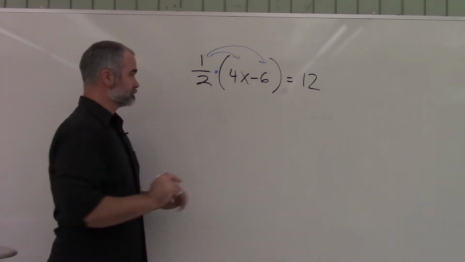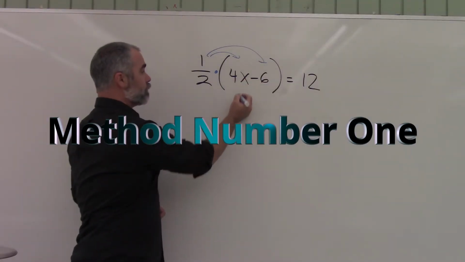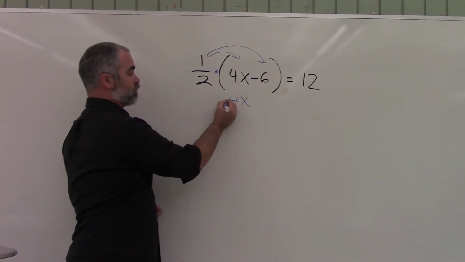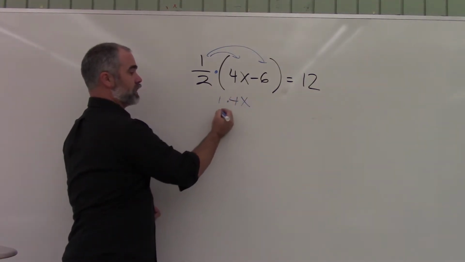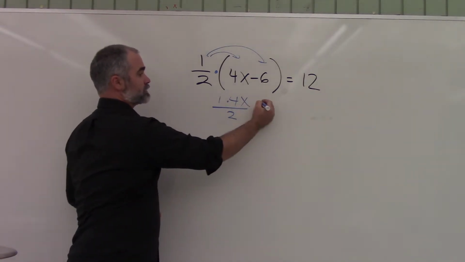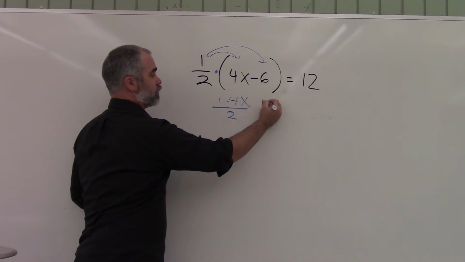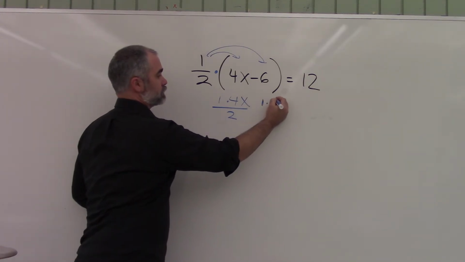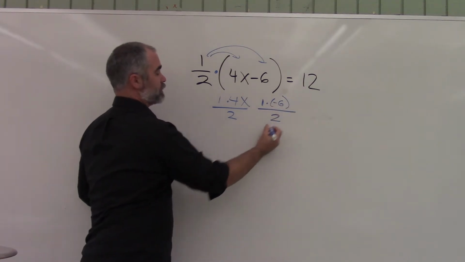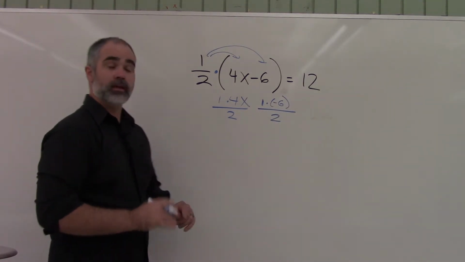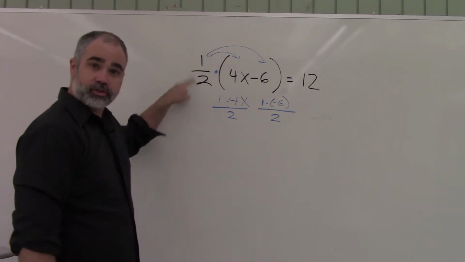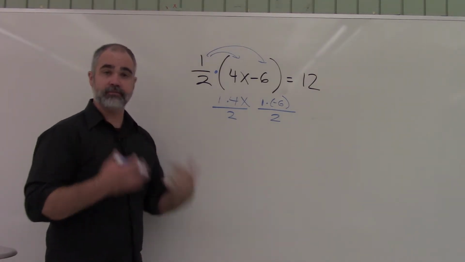So see what this looks like. 4x, I'm going to multiply that times 1, and I'm going to divide it by 2. The negative 6, I'm going to multiply by 1, put that in parentheses so you can see, and I'm going to divide it by 2. That's all I'm doing here. Multiplication and division, because remember, fractions are just division problems.